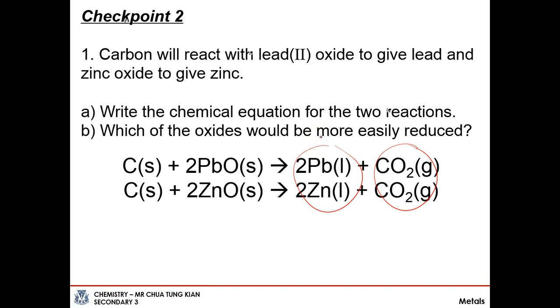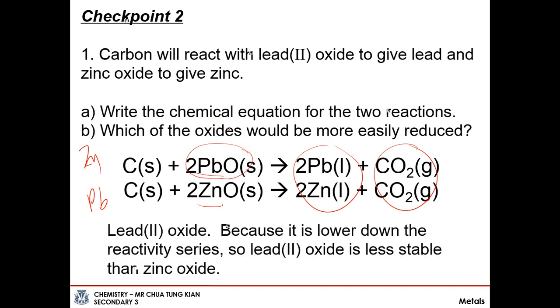If we think about the position of the metal in the reactivity series, we know that zinc is above lead. It means that zinc is more reactive than lead. If it is more reactive, it forms an oxide which is more stable. So as a result, we can conclude that lead oxide would be the less stable oxide and hence it will be more readily reduced.